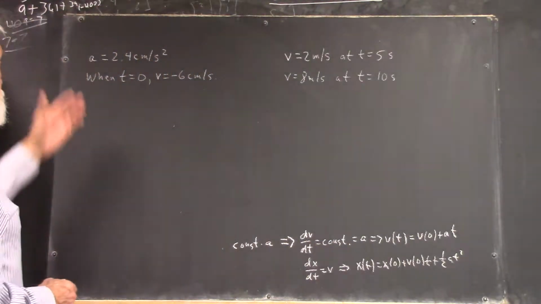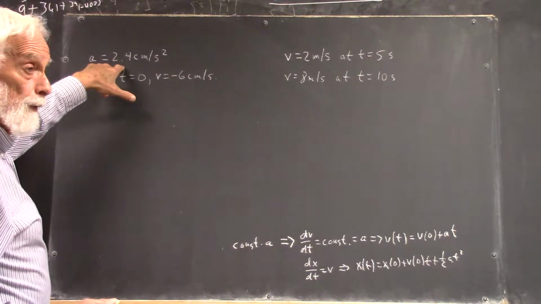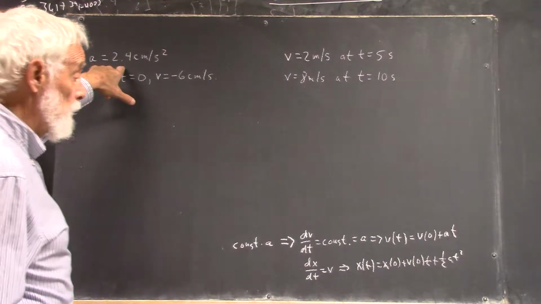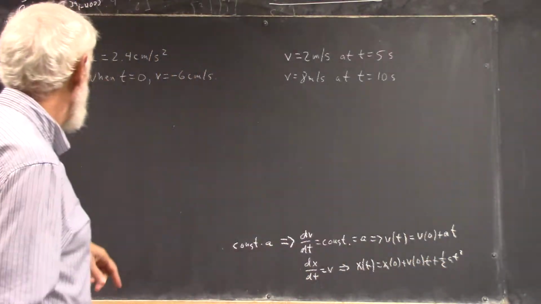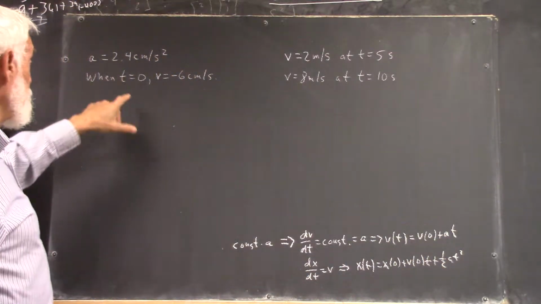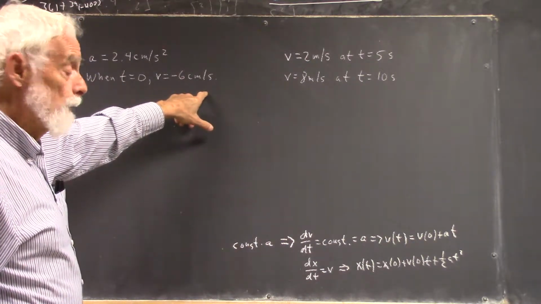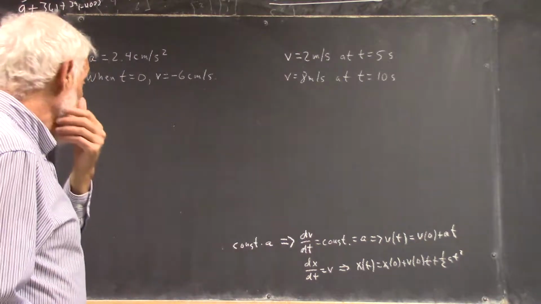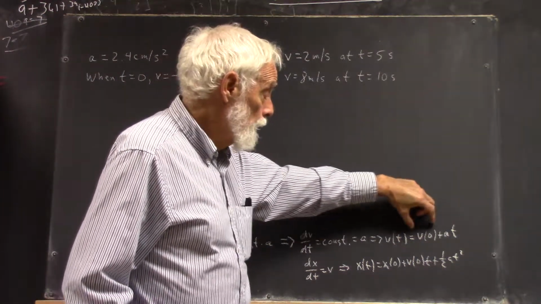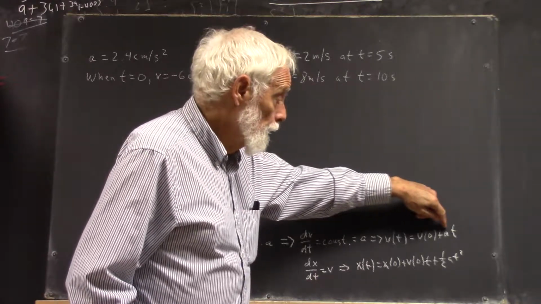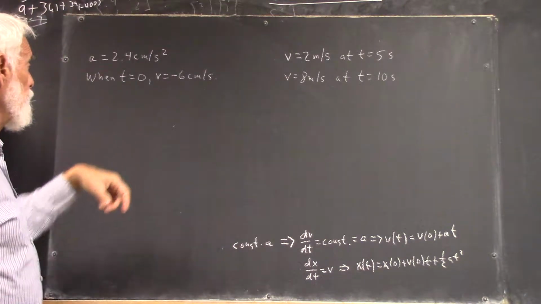Okay, well, if you're given that acceleration is 2.4 centimeters per second squared, then you know the acceleration here and here. Now if, for example, you're given that when t equals 0, the velocity is -6 centimeters per second, well, you know what your velocity function of t is.